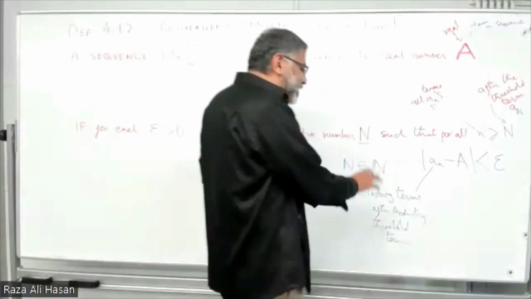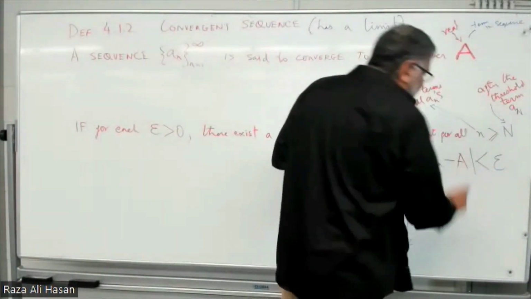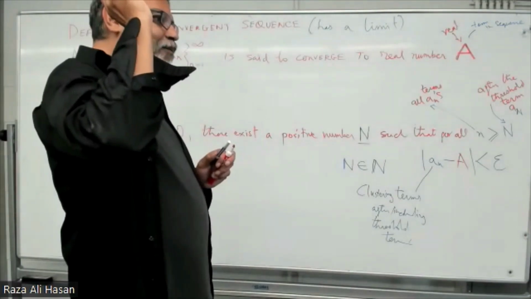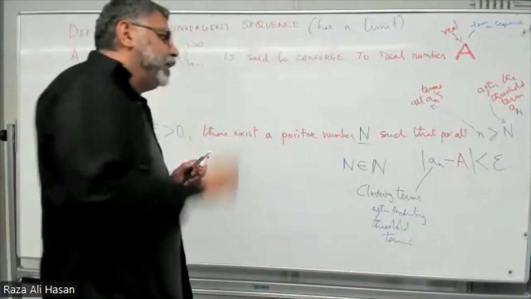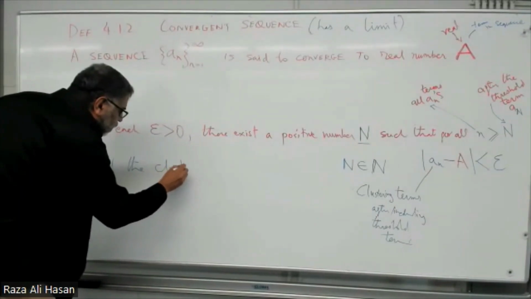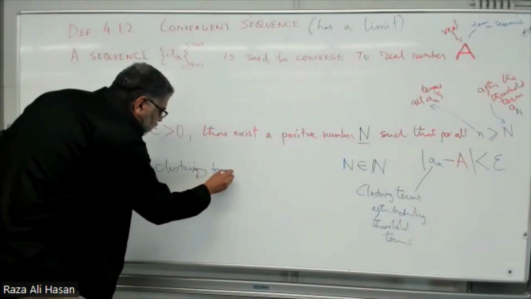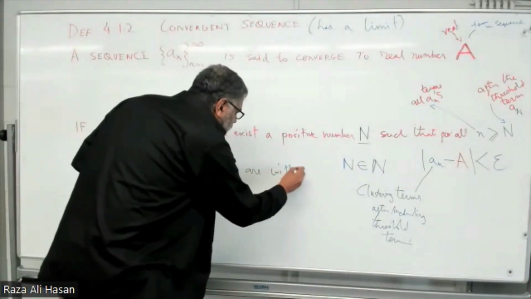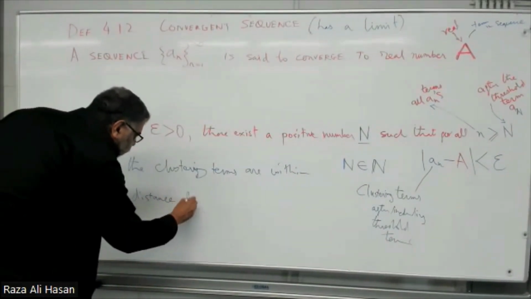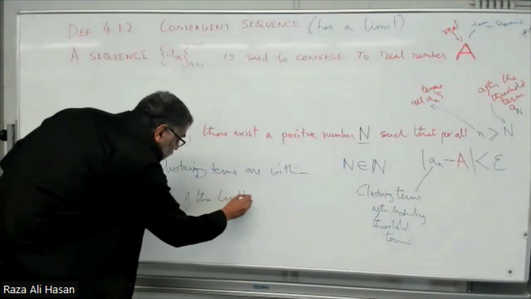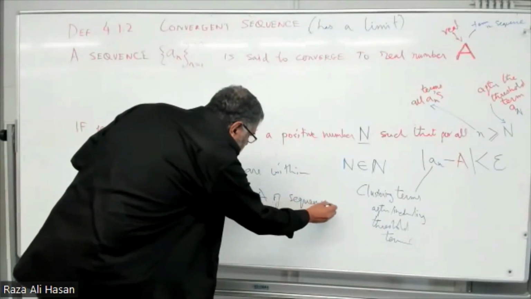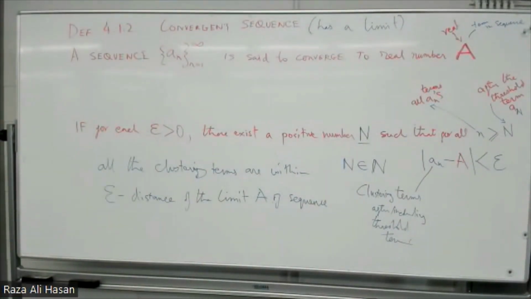All the terms are within epsilon distance of the limit A. All of the clustering terms are within epsilon distance, that's |a_n - A|, of the limit A of the sequence. And that is our definition.